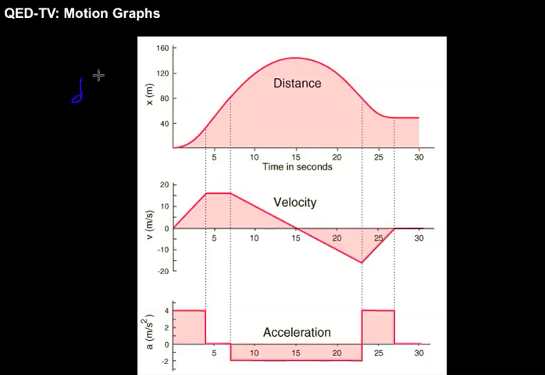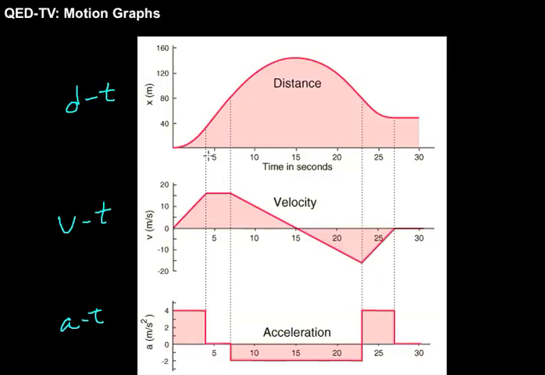Let's use a different color because that doesn't show up the greatest. We have a displacement time graph, we have a velocity time graph, and we have an acceleration time graph here.